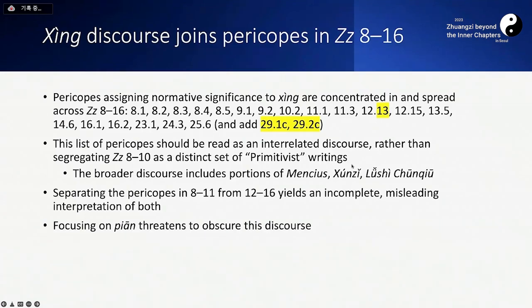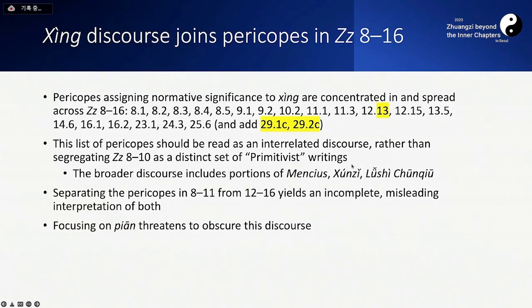And my proposal, this sort of discourse approach that I'm suggesting, is that all of those should be read together as part of an extended late Warring States or early Han conversation about the role of Xing in ethics and moral psychology, and how it relates to norms such as benevolence, among other topics.